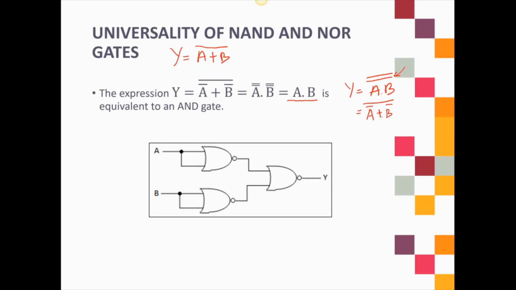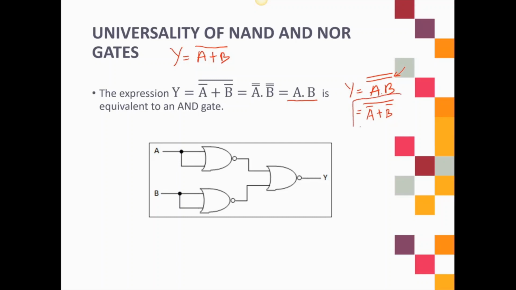So based on the last step, your equation is now fully transformed to NOR format, because you already changed your dot sign to plus, and you also have a bar on top of your variables.